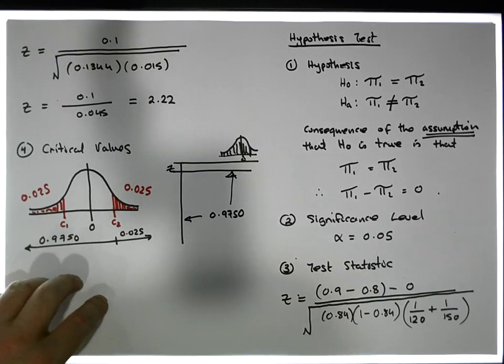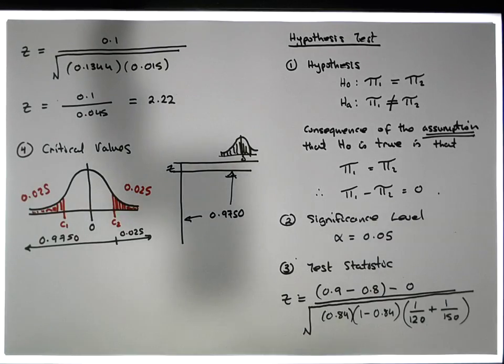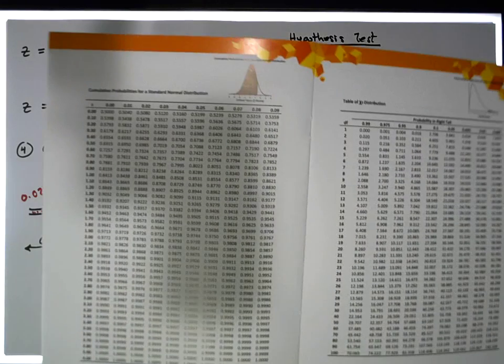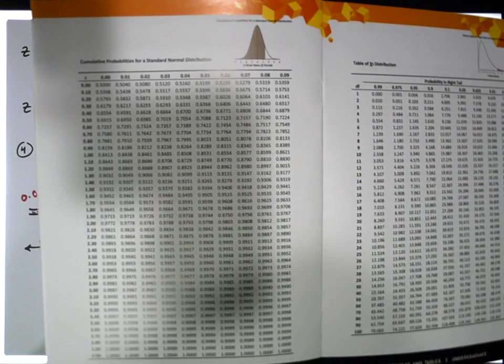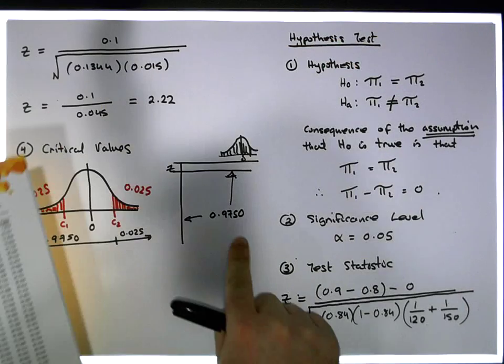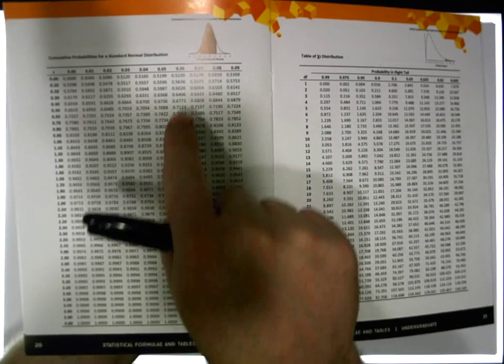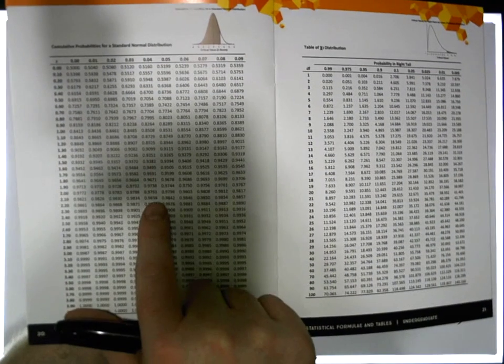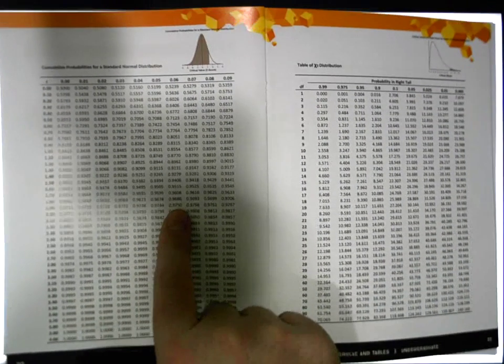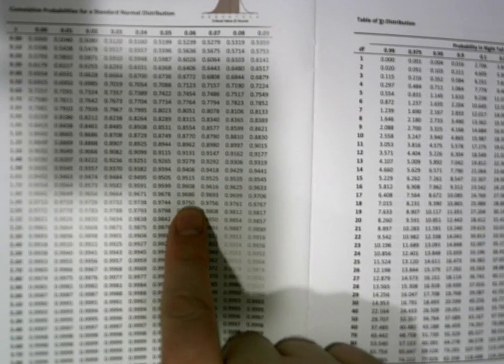So what I'm going to do is take my z tables. And here's my z tables. We've already given these out to our students, but it's just a standard set of tables, and they're cumulative probabilities. And I'm looking for 0.9750. In this particular instance, there's the value right here. Can you see that?